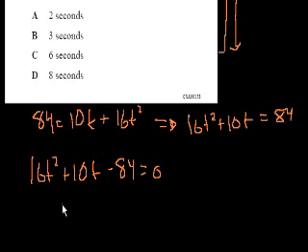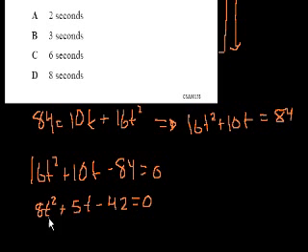The first thing we could do is simplify this a little bit. Everything here is divisible by 2, so dividing both sides of this equation by 2, this is 8t squared plus 5t minus 42 is equal to 0. And then let's use the quadratic formula.